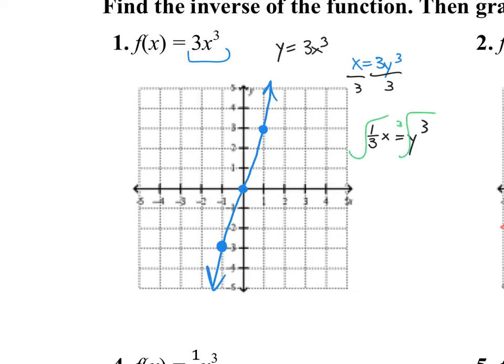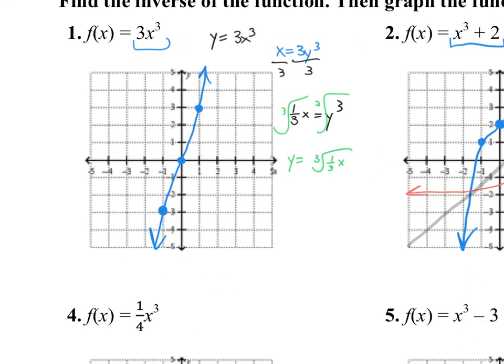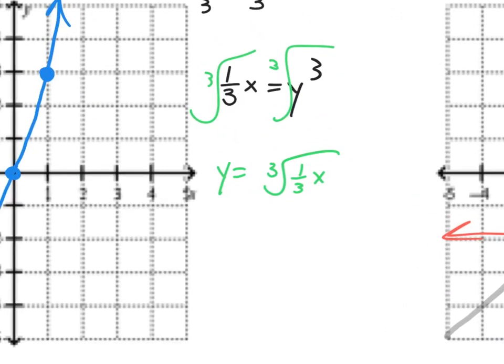I can go through and cube root both sides to get that y is equal to the cube root of 1/3 x. Now recognize that I did not put the plus or minus sign because that only comes about from square roots. Cube roots can handle negatives on their own, so we don't have to worry about the plus or minus sign.